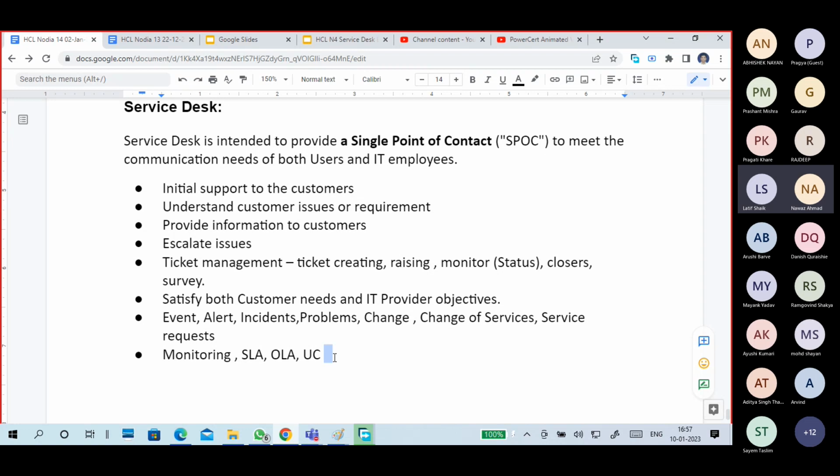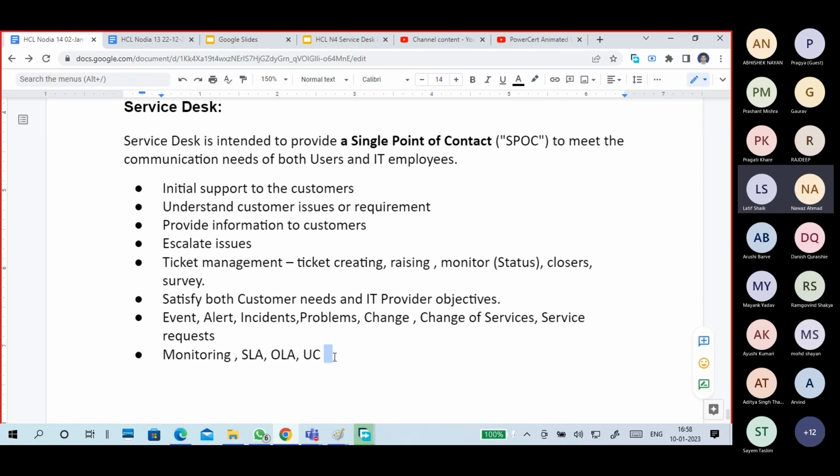If that is there, then business will go on. Otherwise, it is less. So in general, satisfy customer needs and IT service provider objectives. Events, alerts, incidents, patterns, change of services, service requests. These are the terminologies generally used at a service desk.